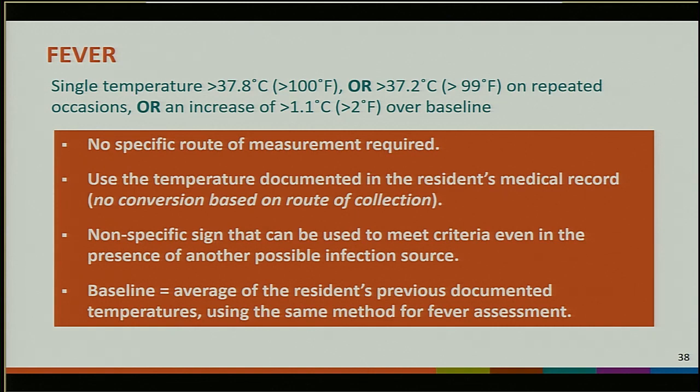So use the temperature that's documented in the medical record, regardless of how it was collected. And just remember, fever is considered for NHSN reporting a nonspecific sign that can be used to meet more than one criteria. So if there's possibly 2 infections going on in this resident, fever can be used to meet UTI.